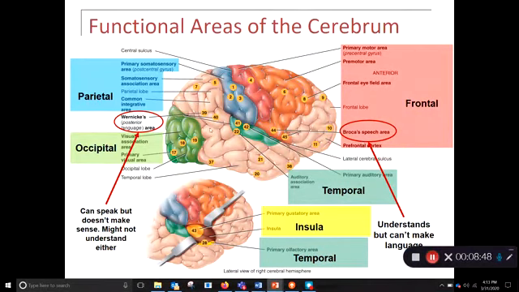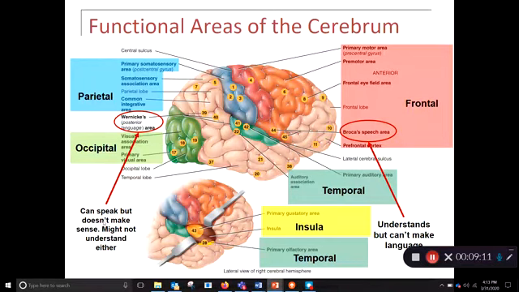The Wernicke's area, I want you to notice, is in the parietal zone. It is also a piece of it is in the temporal zone. Parietal zone has a lot to do with sensory. If this helps you remember it, a lot of the things that you say, you can speak, you can make words, you can form words, but those words don't make sense.